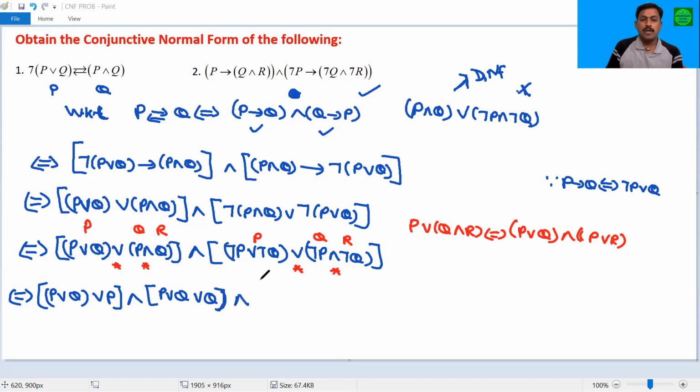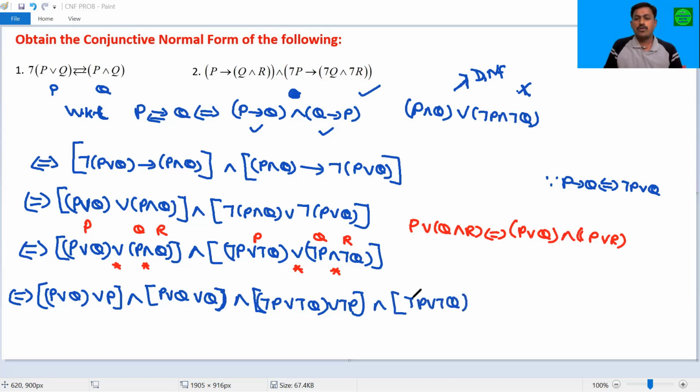Now this and symbol, I'm going to apply the distributive law for this. This is your P value, that is not P or not Q, or not P, and not P or not Q or not Q, which is equivalent to.